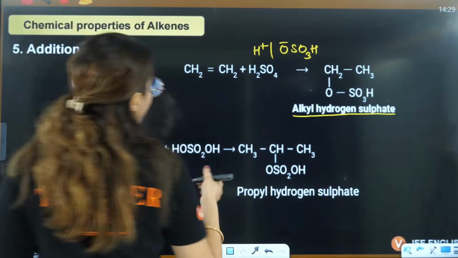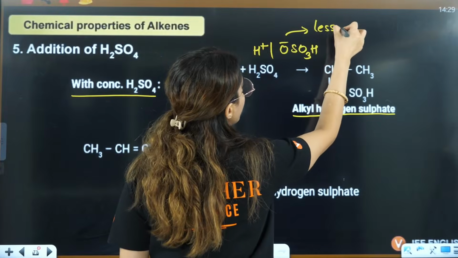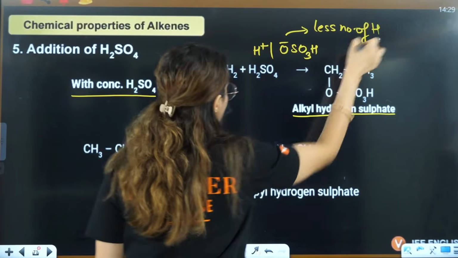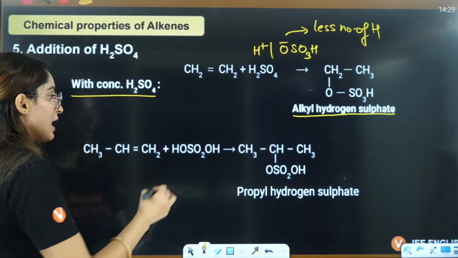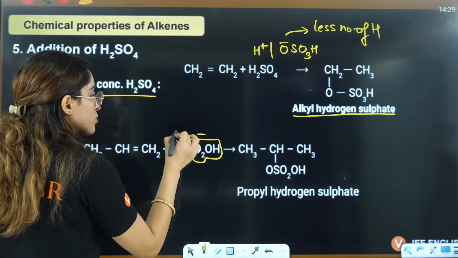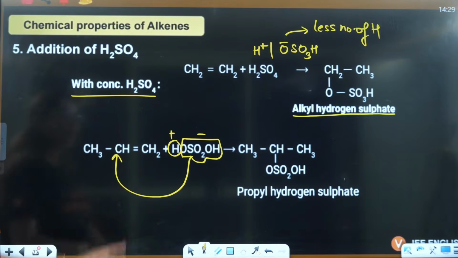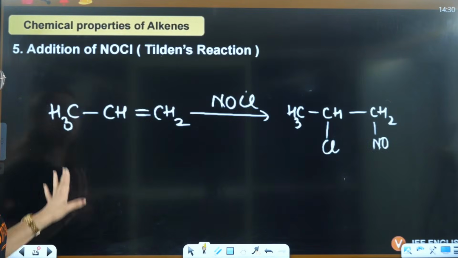Always remember, the negative part will be attached to the carbon with fewer hydrogens. So in this case, OSO3H is the negative part and H is the positive part. Okay, simple. Markovnikov rule only we are applying everywhere, right?